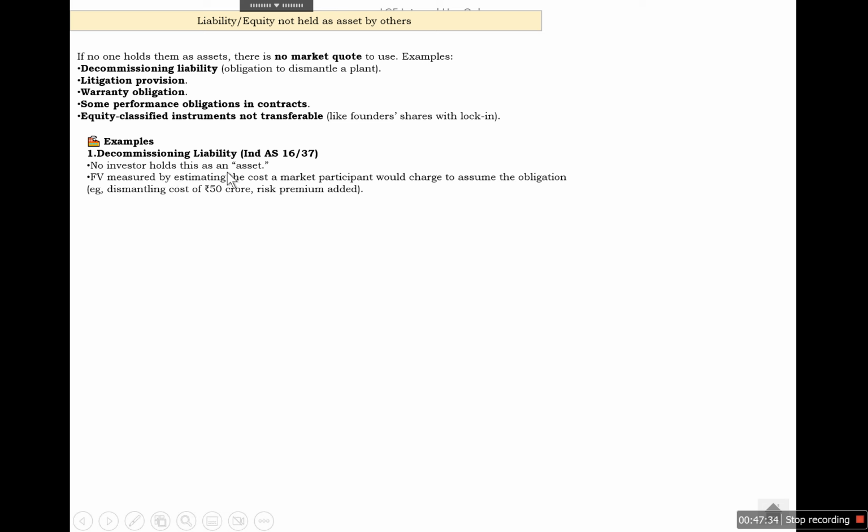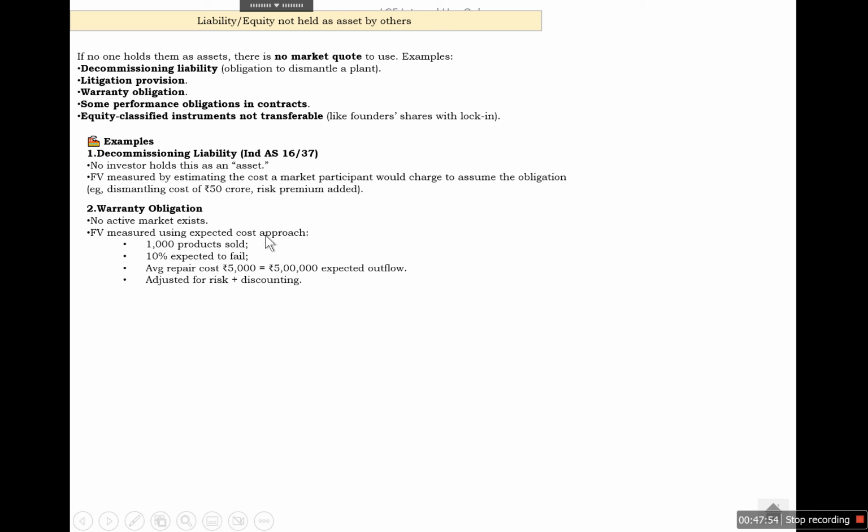For example, for a decommissioning liability, no investor holds this as an asset. So we need to measure the fair value by estimating the cost a market participant would charge to assume the obligation. For example, if the dismantling cost is 50 crores, we need to add the 50 crores plus the risk premium that they will ask from us.